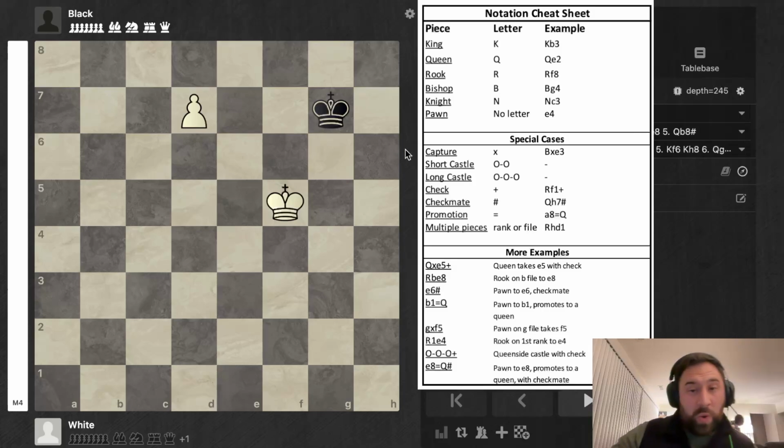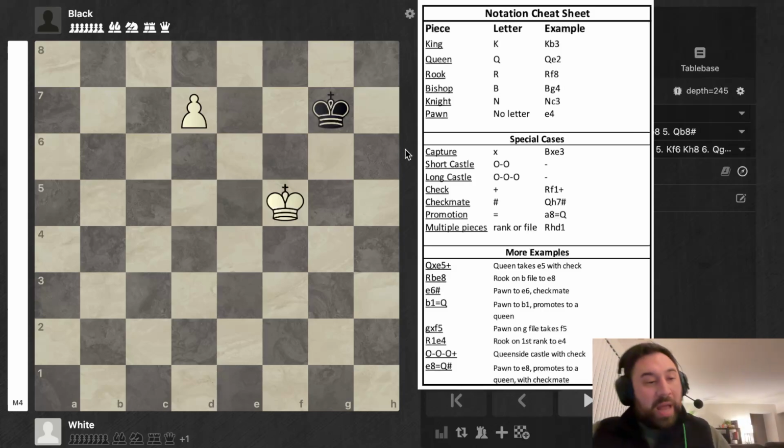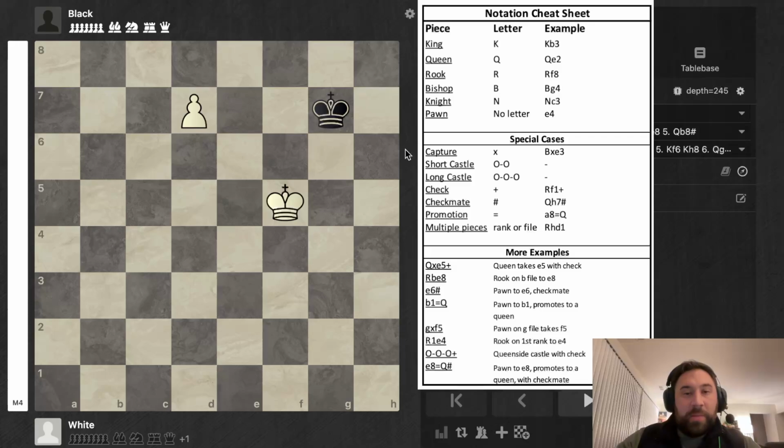It doesn't matter what piece is on F5. All we care about is that the pawn on the G file takes the piece that was sitting on F5. So G takes F5, GXF5. Perfect.